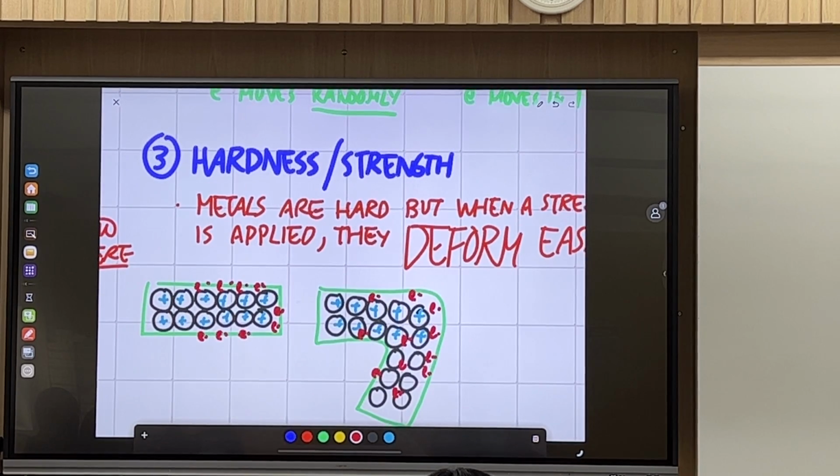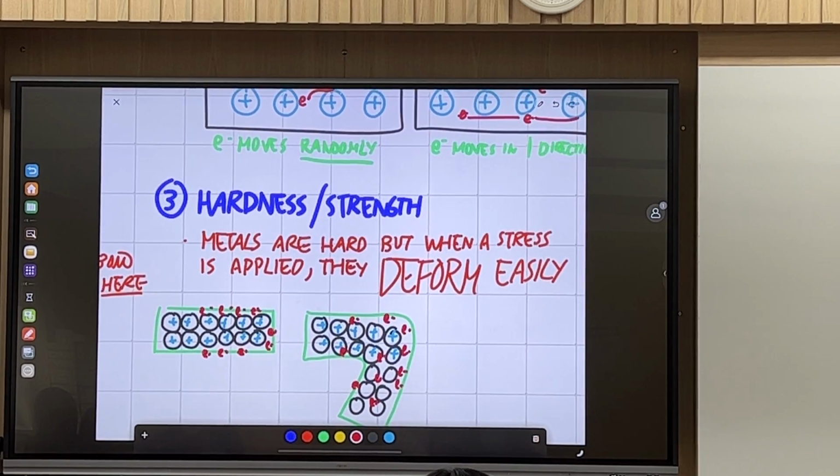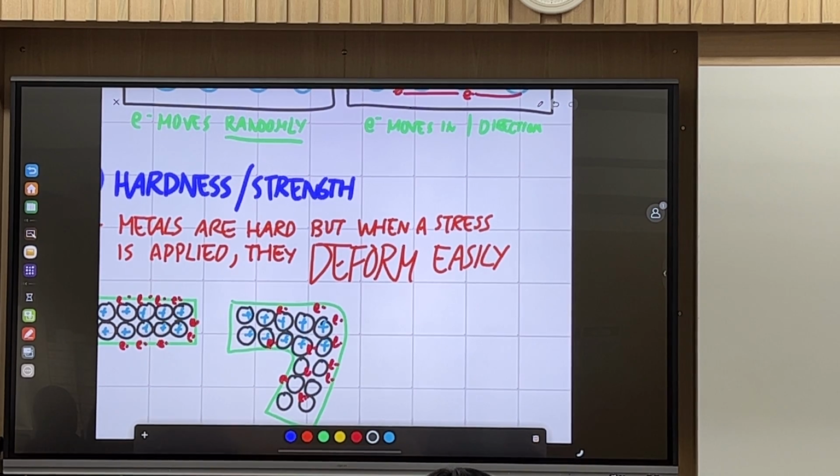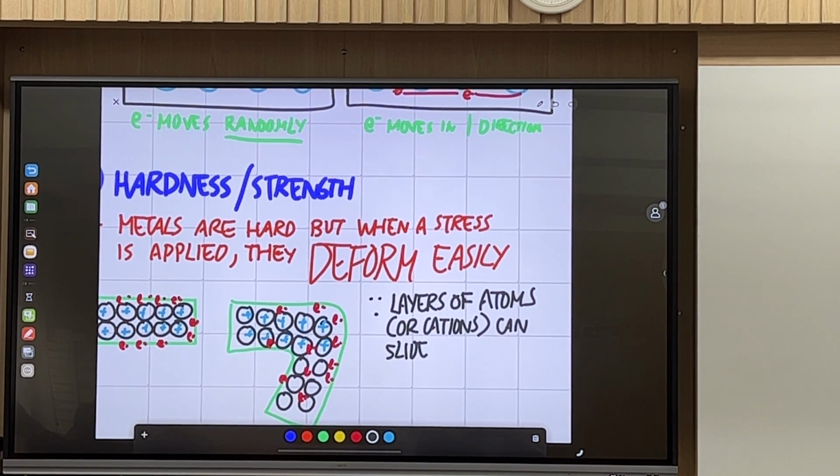They will deform first before they finally give in and break. So there's some tolerance. You can write down why they deform easily: this is because layers of atoms or cations can slide past one another freely.